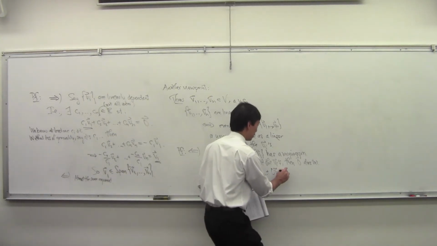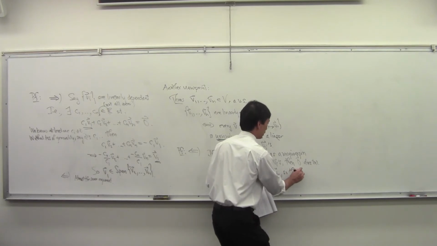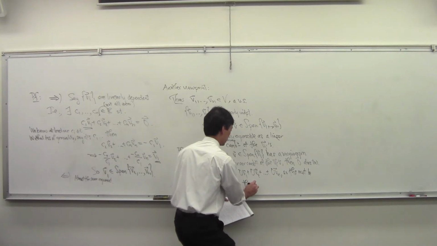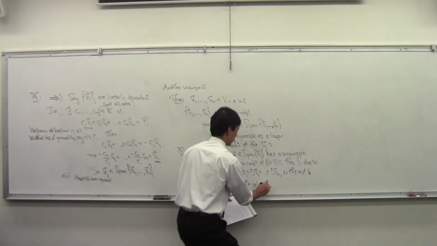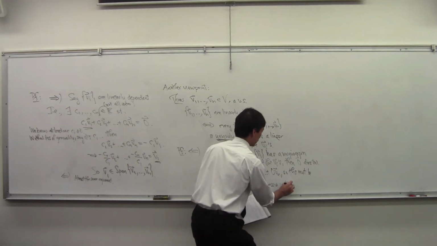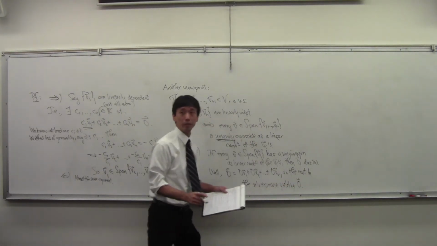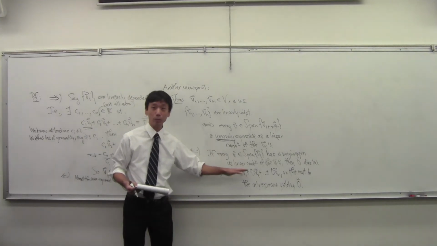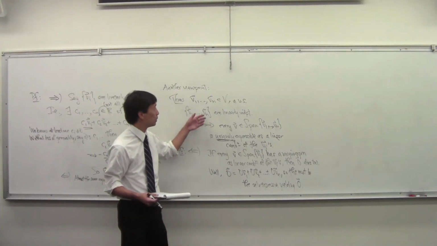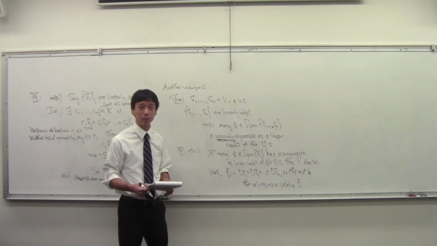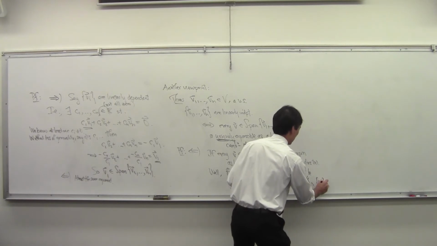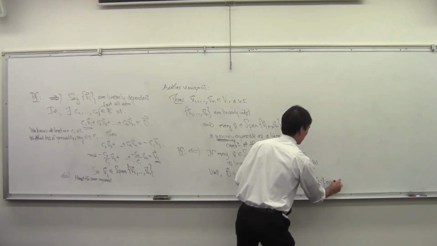So this must be the only expression yielding the 0 vector. In other words, there's only one way to get the 0 vector, the trivial way. In other words, your set is linearly independent. Right? So the vi are independent.